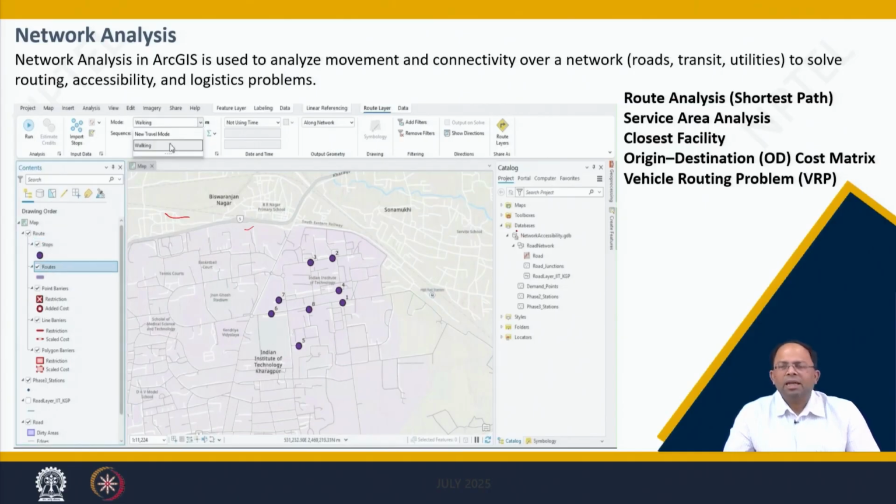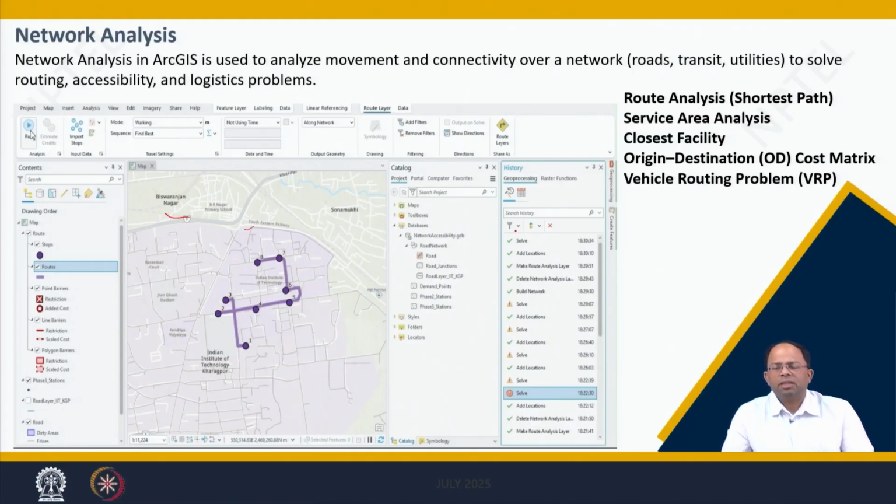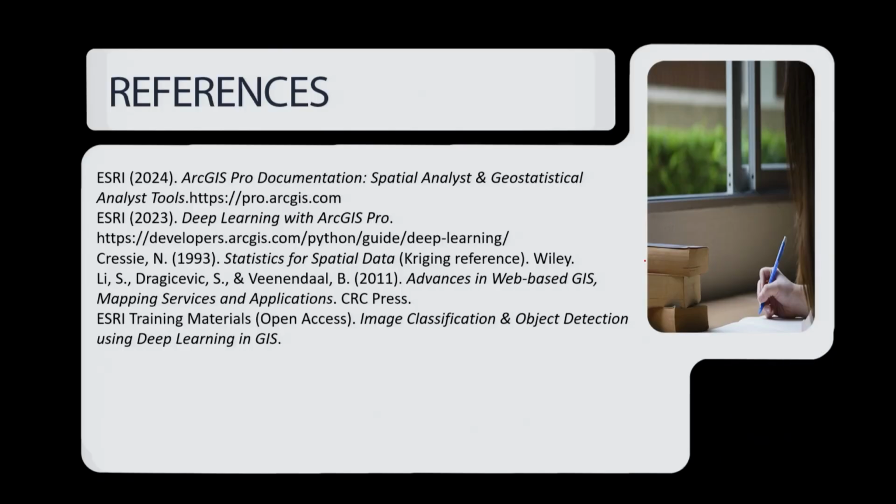So we unnecessarily don't traverse paths which would increase the time or the fuel consumption for vehicles used for carrying bicycles to those points. So this kind of network analysis is also part of GIS analysis which you can undertake. This is a final reference. These are the references you can study.